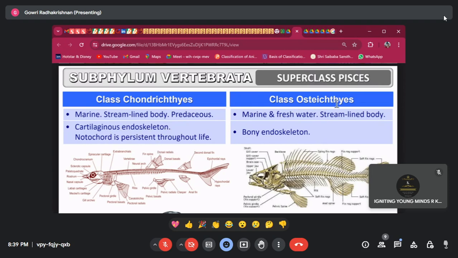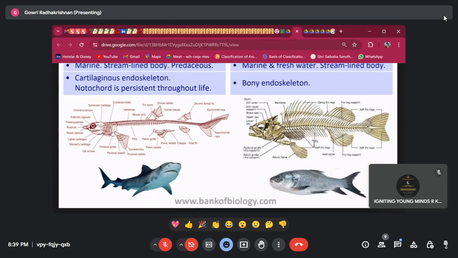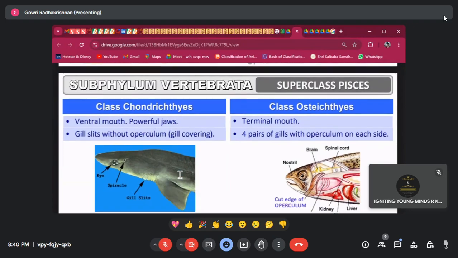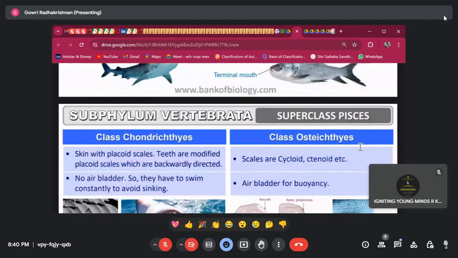Class Osteichthyes: marine and freshwater, streamlined body, bony endoskeleton. Chondrichthyes has a ventral mouth, powerful jaws, gill slits without operculum, the gill covering. And Osteichthyes has a terminal mouth, 4 pairs of gills with operculum on either side.